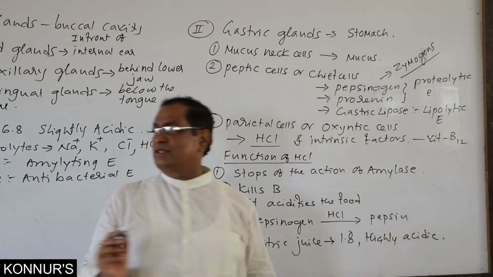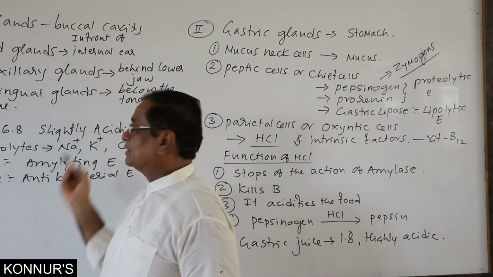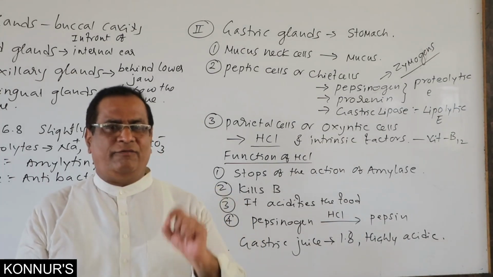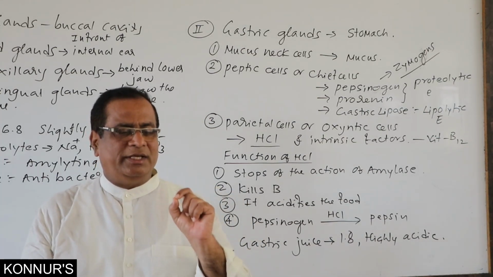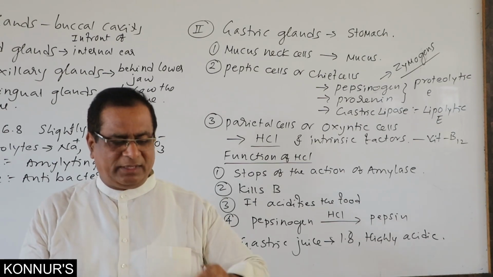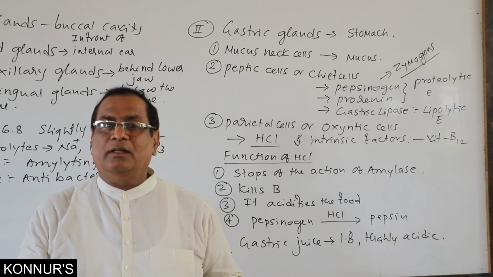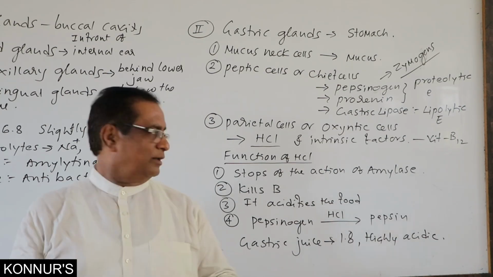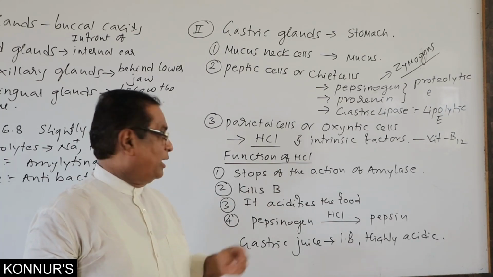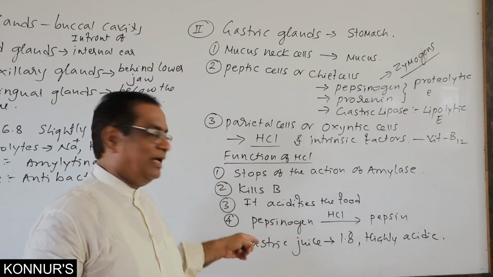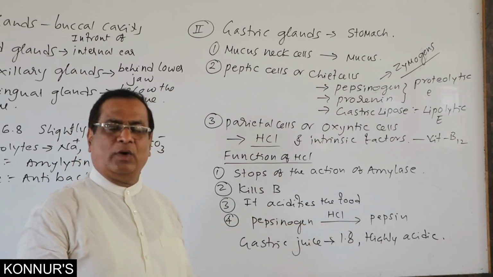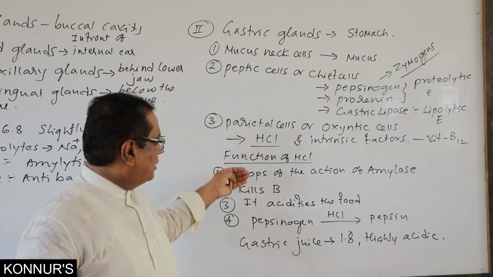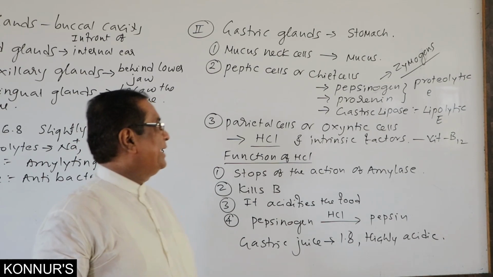But that amylase does work when the pH is 6.8, slightly acidic. And remember, the function of enzymes depends upon pH. When the pH is changed, the function of enzyme is stopped. Amylase stops its action as the pH is changed by the HCl. That is highly acidic, 1.8. It is about the function of HCl.